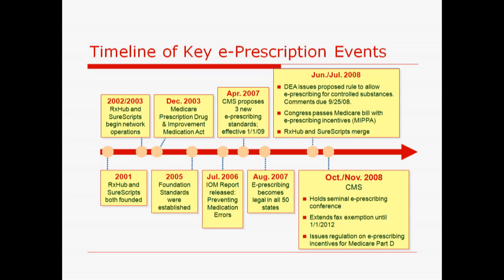Then in the same year, RX Hub and SureScripts merged together. In October 2008, CMS held a seminal electronic prescribing conference which extends the exemption until 1st January 2012. It issued regulation on electronic prescribing initiatives for Medicare Part D.